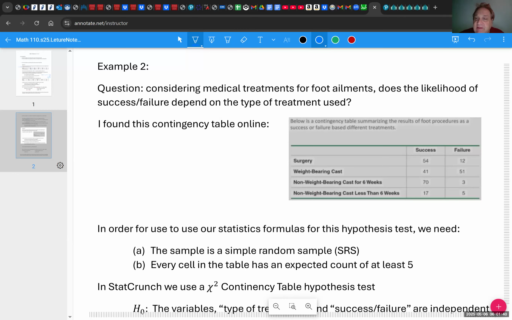If you look at success and failure in each of these things, you will notice that if they were the same for each of these, we would have something like 5 times as many or 4 times as many successes as failures, about the same number of successes as failures, 3 times the number of successes as failures. We would have something like 3 or 4 or 5 or 1.